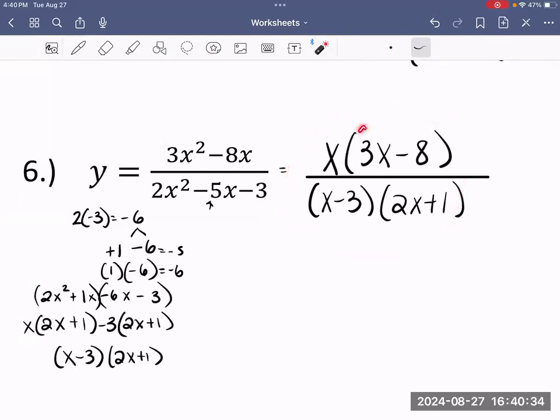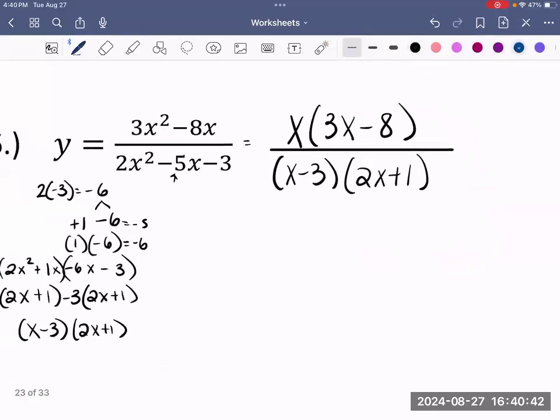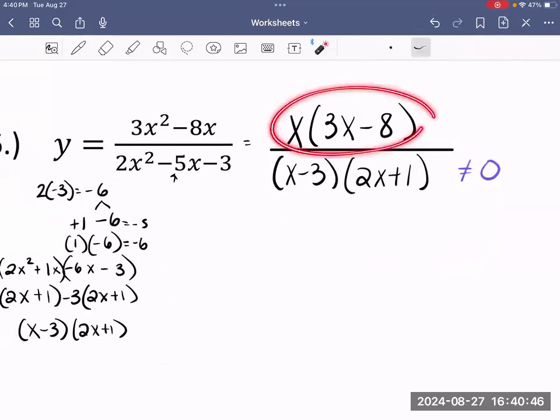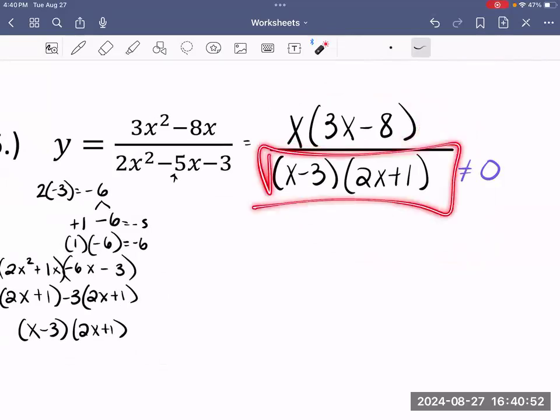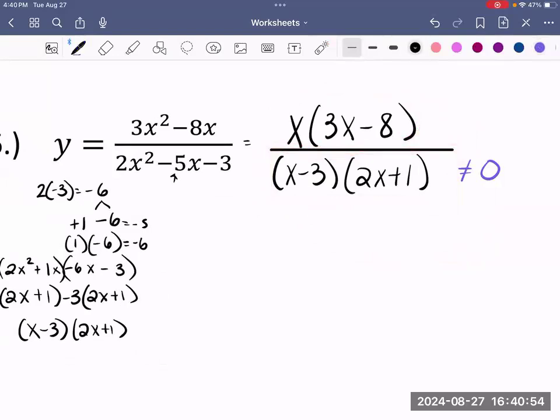The only time we can cancel is when your parentheses are the exact same, in which case there's nothing that can cancel. So we're left with two vertical asymptotes, which means your numerator provides no restrictions. These are actually going to be your x-intercepts, but the denominator is going to be your vertical asymptotes.